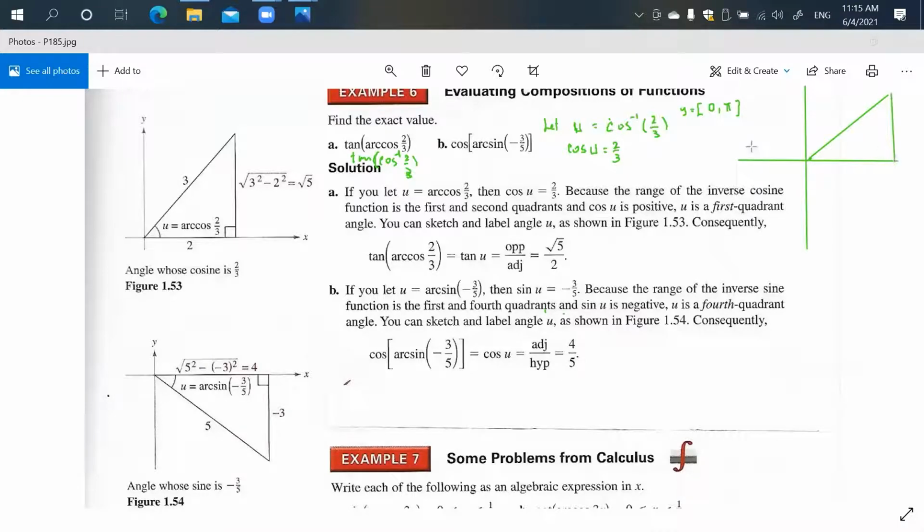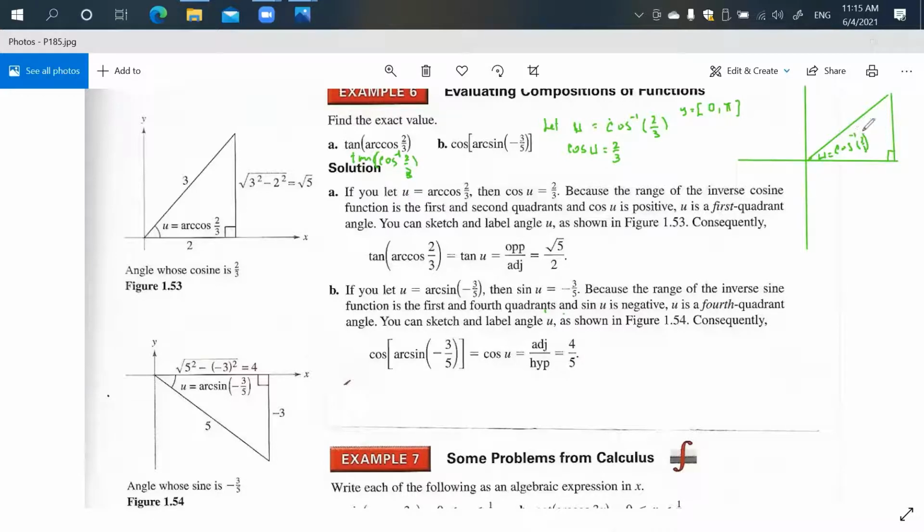In the handout they have it also, but now I explain one more time so you can read it later. But see how we get the picture. Now this is cosine u, right, it's u, and this u equals arc cosine 2/3. You can write it down here. Write it down every time, so it's easy to find the angle later.